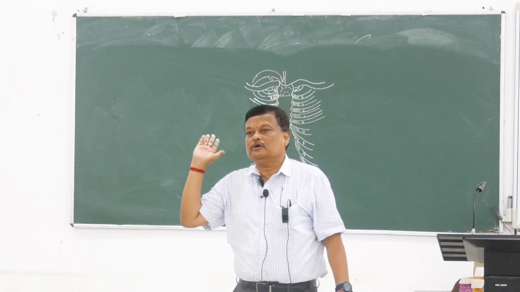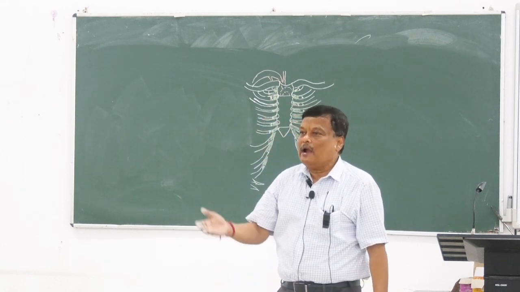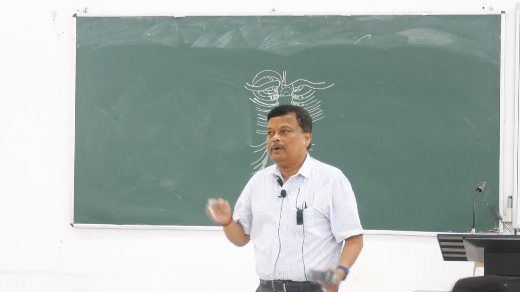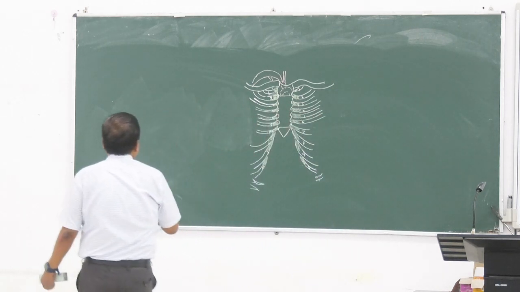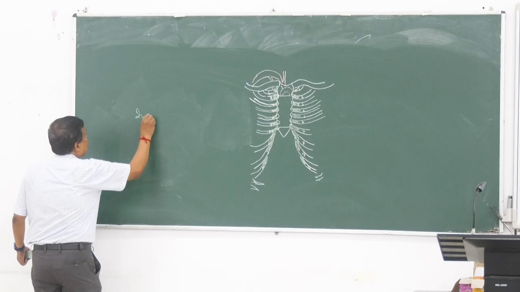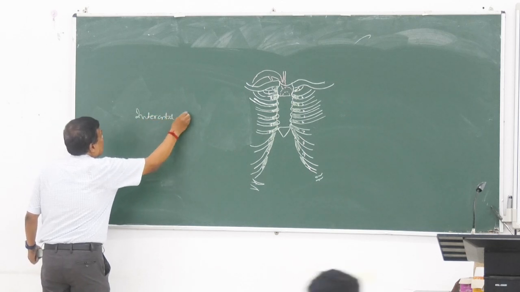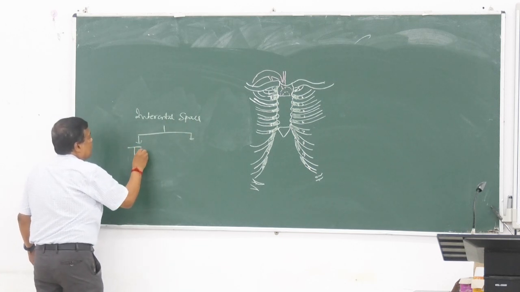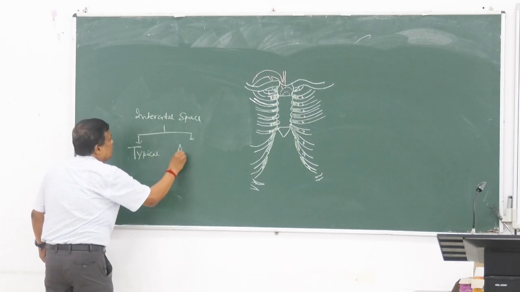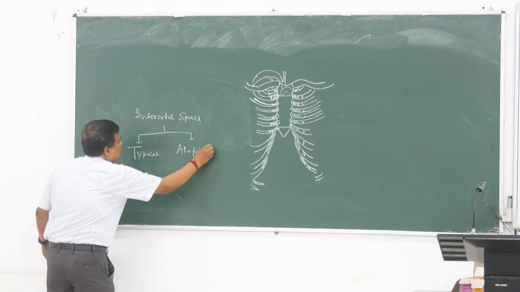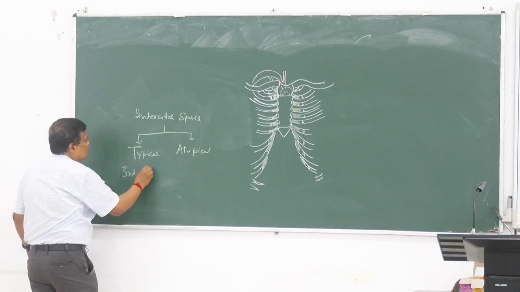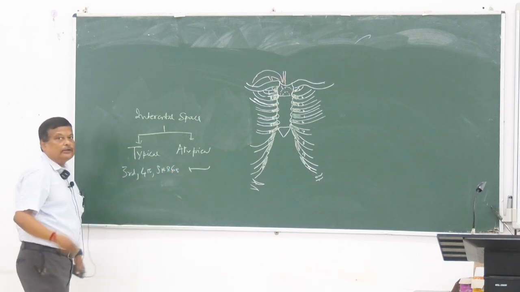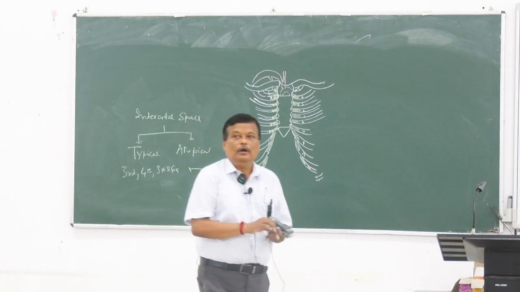Rest are atypical intercostal spaces because it contains nerve which supply the abdominal wall or the superior extremity. তাহলে আমরা প্রথম ভাগ করলাম ইন্টারকস্টাল স্পেসের। টিপিক্যাল, atypical. টিপিক্যাল হচ্ছে 3rd, 4th, 5th and 6th and rest are atypical। বাকিগুলি atypical। এতগুলি শিখলাম। হোয়াট আর দ্য কন্টেন্টস?